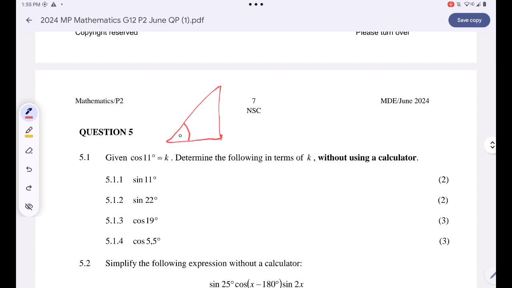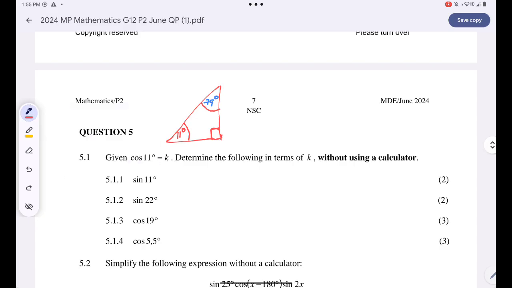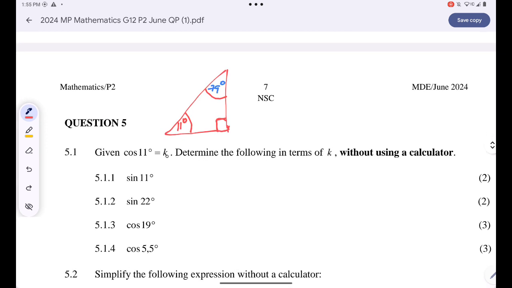So this angle over there will be 11 degrees and that will be 90 degrees. Since I have 11 degrees over there, the other angle will simply be equal to 79 degrees. I'm also told that cos 11 degrees is just k all over 1. So my adjacent side is k, my hypotenuse is 1.